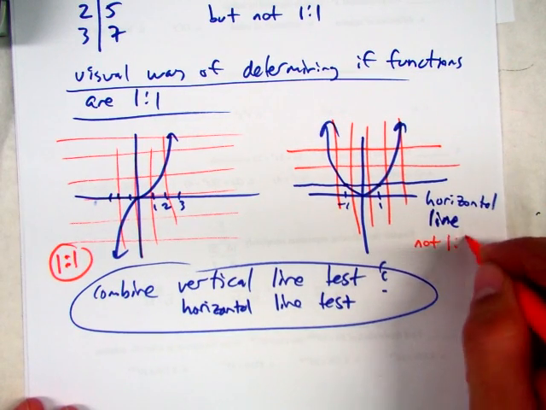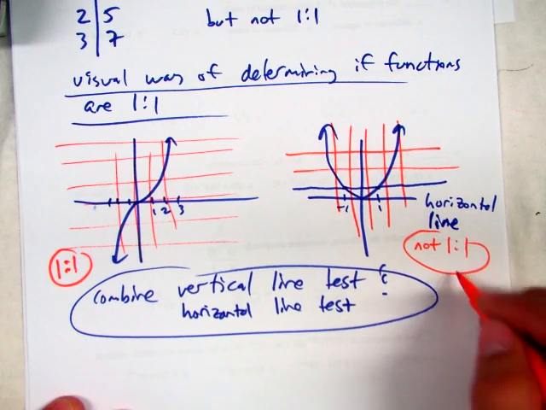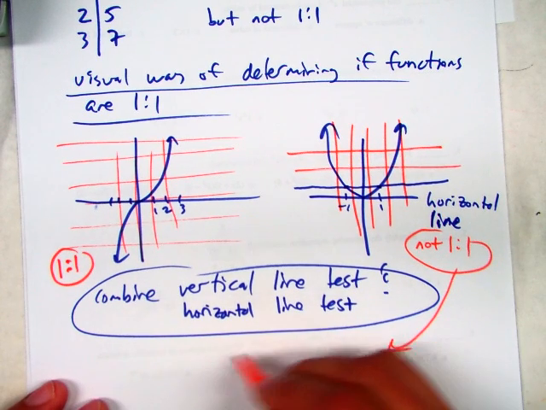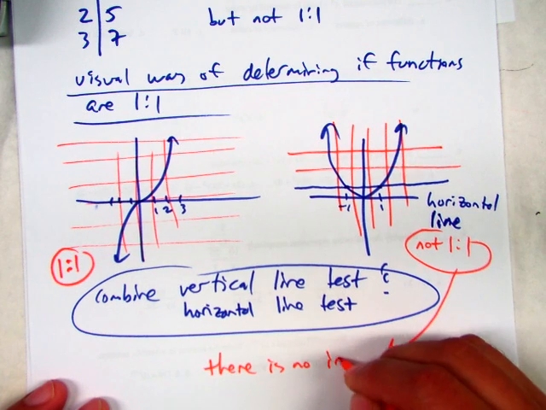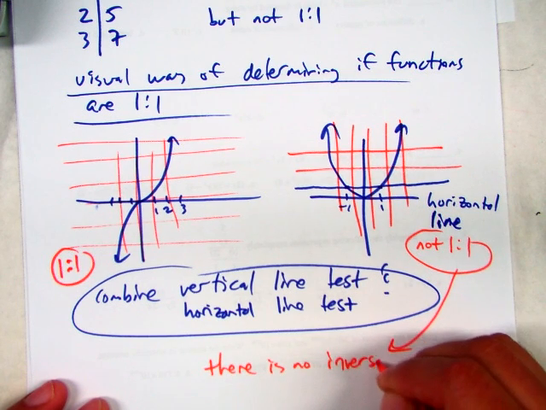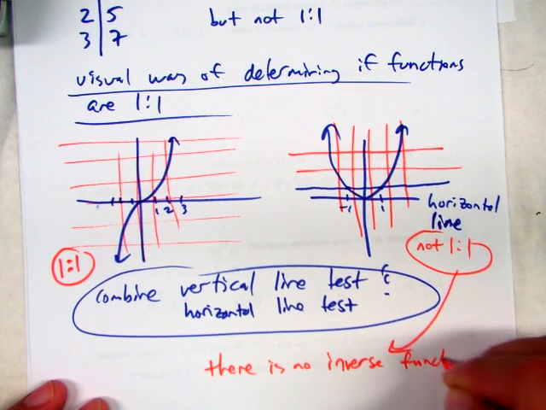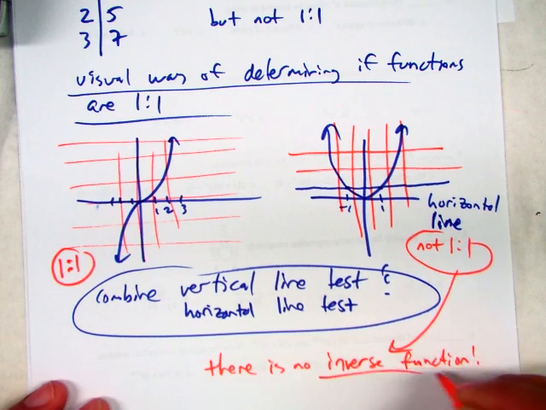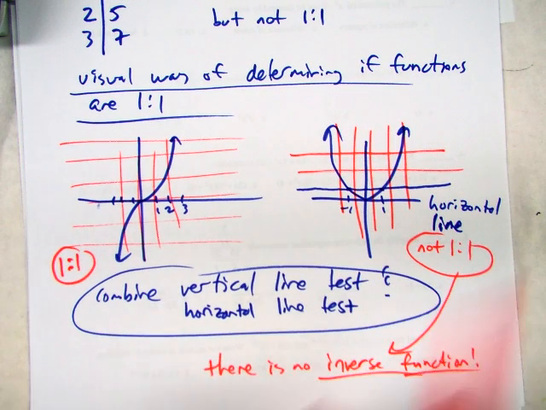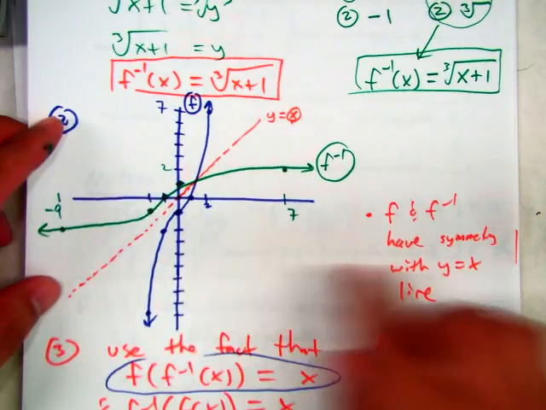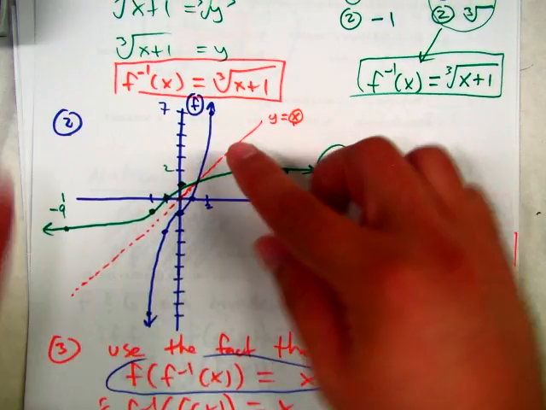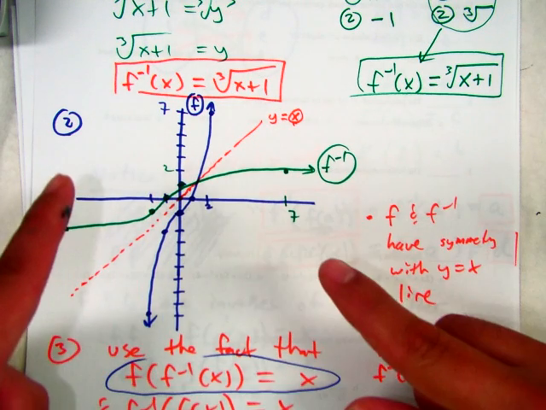So that means that this is not one-to-one. And so all that means is that there is no inverse function. You can still find an inverse relationship, but I think you guys saw with the example we did here. Let me just put it up real quick. Essentially, when we had our original graph, do you guys kind of see how it flipped around and went this way for the inverse?